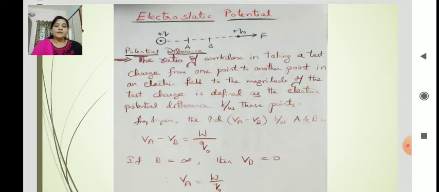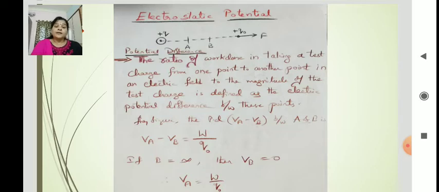For example, if I take a charge plus Q, the field around it exerted by this charge is, let that be E. The electrostatic field exerted by this charge plus Q is E. Now, let me assume a test positive charge Q naught that is to be moved between points B and A shown in this figure.